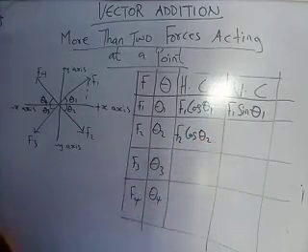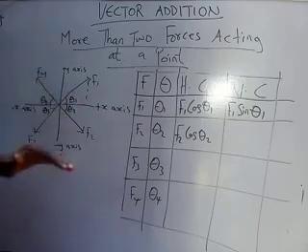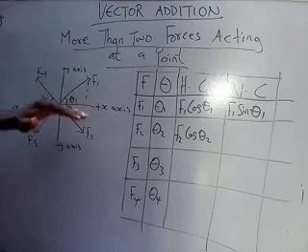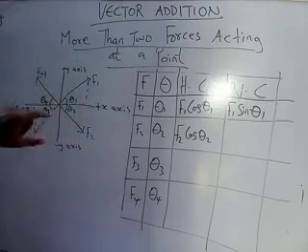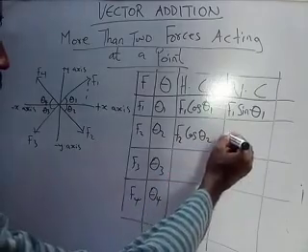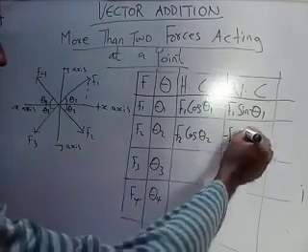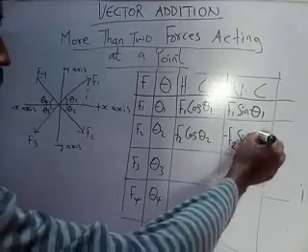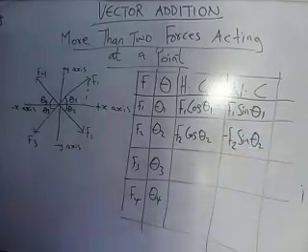Now the vertical component is on this side, and vertically this side is negative. You can see the negative y. So we put minus F2 sine theta 2.